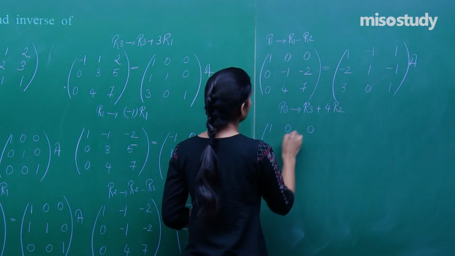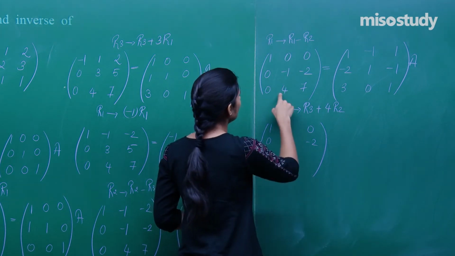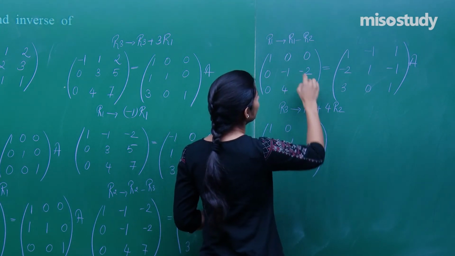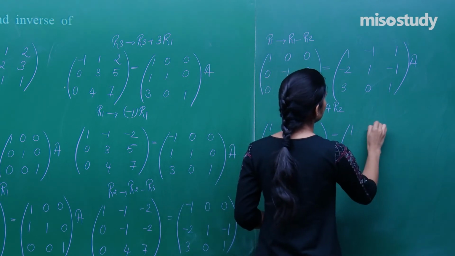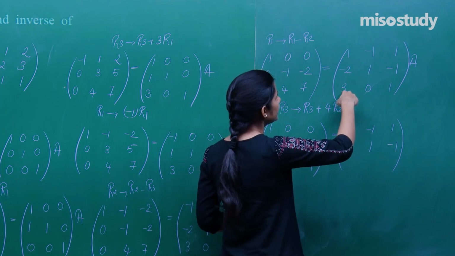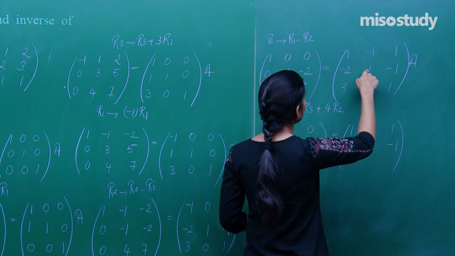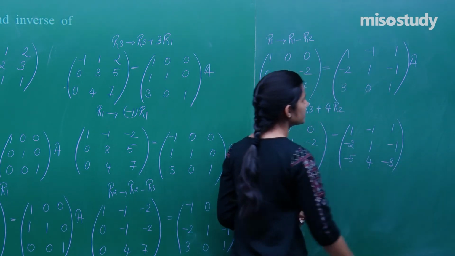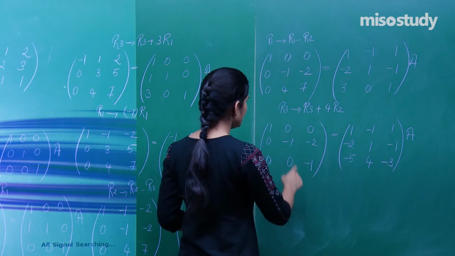This is 1, 0, 0, 0 minus 1 minus 2, 0 plus 4 times 0, 4 plus minus 4, 7 minus 8, 7 minus 8 is minus 1, 1 minus 1, 1, minus 2, 1 minus 1, 3 minus 8 is minus 5, 0 plus 4 is 4, and 1 minus 4 is minus 3. Clear? Times A.